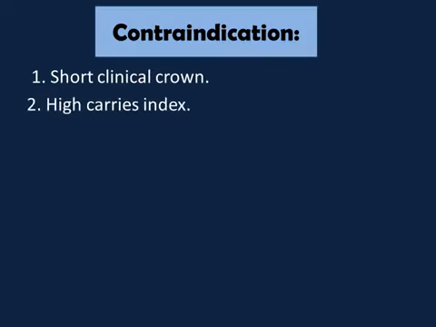The contraindications of the partial veneer crown will be, first, a short clinical crown. As I mentioned before, we need a sufficient bulk of tooth structure, so I can't use it in a short clinical crown. Second, in a high caries index patient, because the finishing line will be on the occlusal surface, so I can't use it in a high caries index patient. Third, when there is extensive destruction.